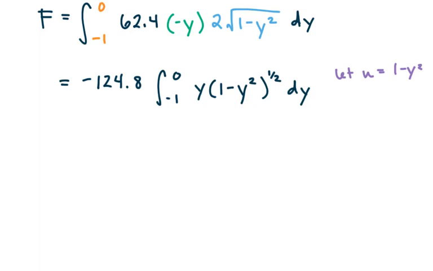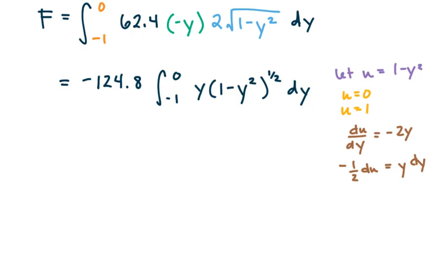If I plug in -1, I'll get u equals 0. And if I plug in 0, I get u equals 1. So I'm plugging both these two numbers into that equation. And then I will differentiate u with respect to y. That gives me du equals -2y dy, or rather -1/2 du equals y dy.